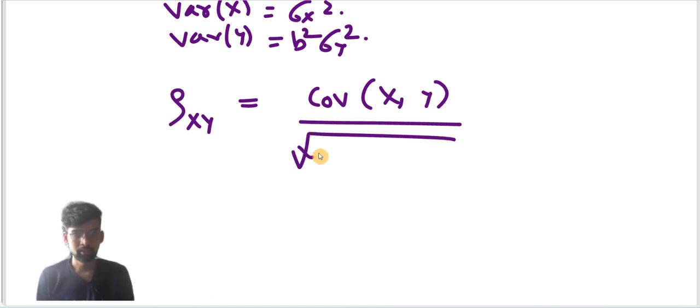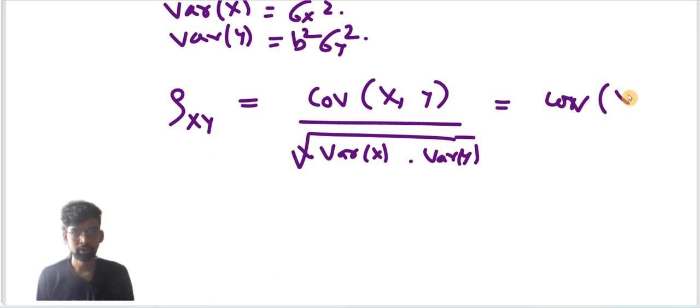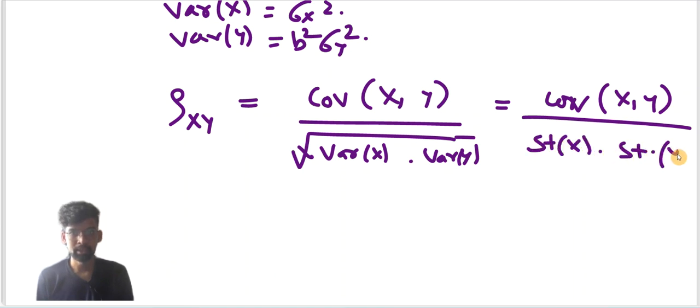In other terms, it is covariance x y divided by standard deviation of x times standard deviation of y.